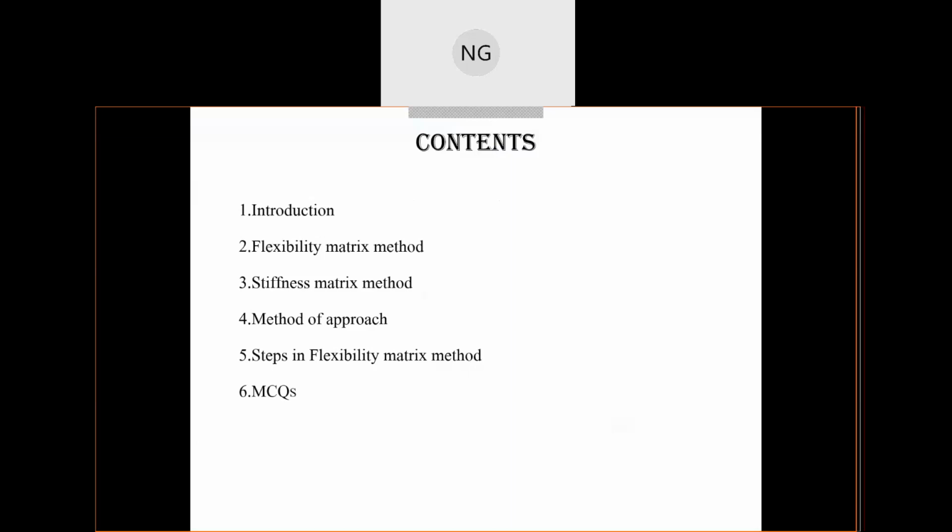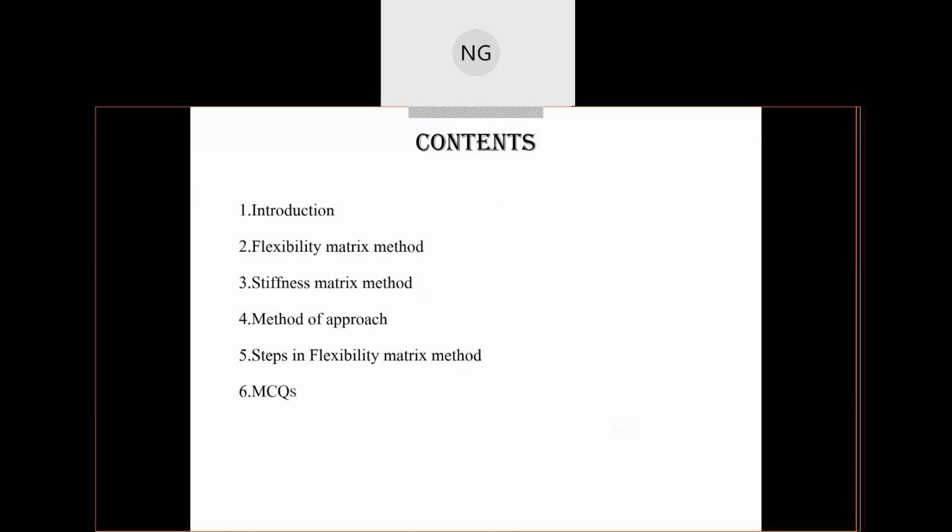These are the three different methods we studied so far. Among them, Kani's method is one of the easiest and simplest methods. But it has some drawbacks, and the calculation and iteration part will be more in Kani's method.